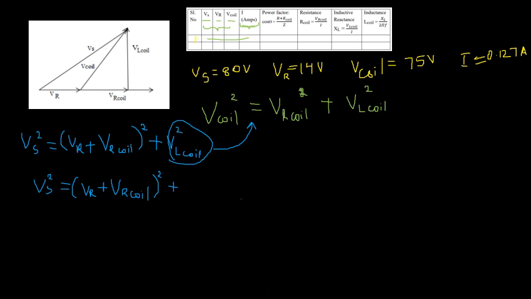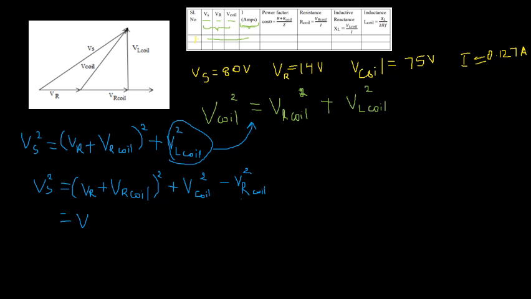So let me write that expression, which is equal to V coil square minus VR coil square. This is the expression we have now.